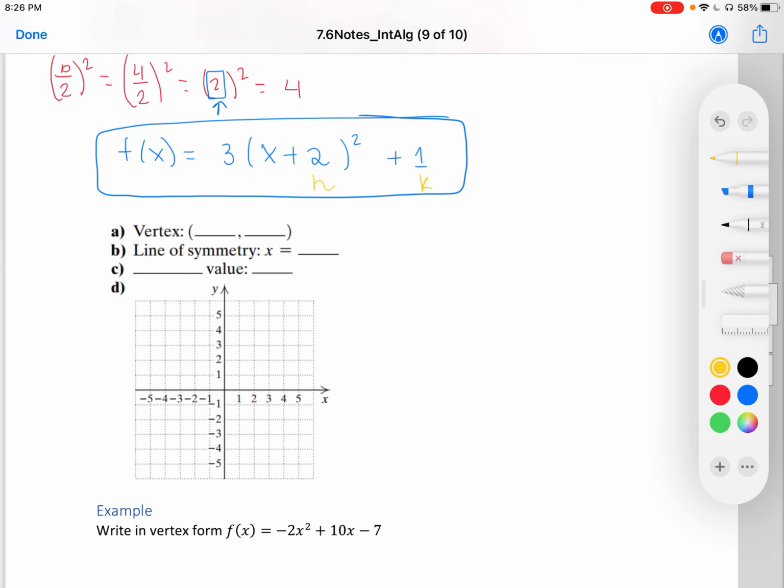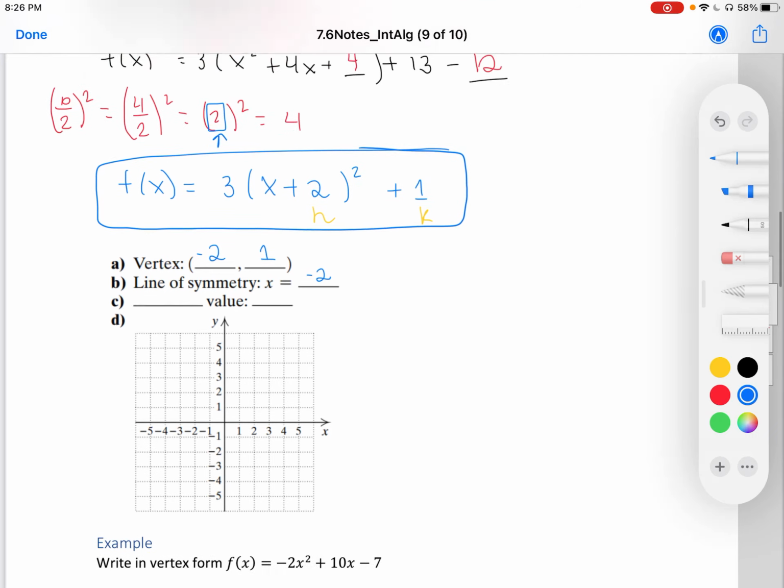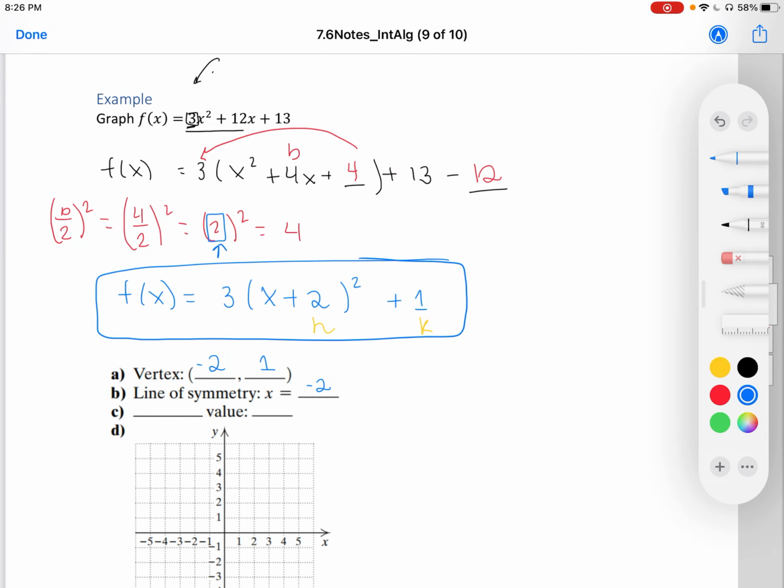Remember the h changes sign, so our vertex is -2, 1. Our axis of symmetry is x equals your h, so -2. Now our parabola, we don't have a negative in the beginning. There is no negative, so I know my parabola opens up. So we're going to have a minimum value, and our minimum is our k, which is 1.